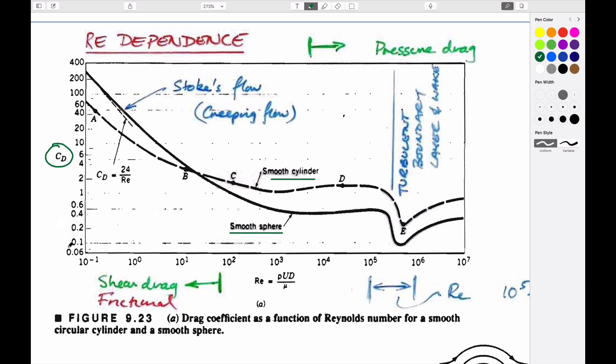I guess in the example that we did here, our threshold magnitude was at 10 to the 1 Reynolds number, defined in terms of a density, a velocity, and a characteristic dimension, which in our case was the length of the wing, maybe it should be the frontal area of the wing, and the viscosity. And you see this laminar region, which is given by some coefficient divided by Reynolds number, inversely proportional to Reynolds number.